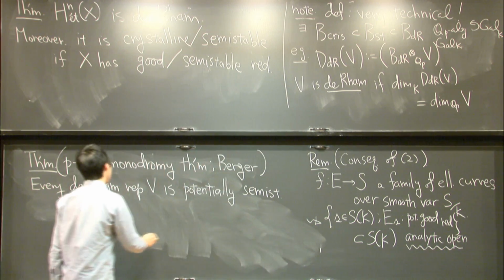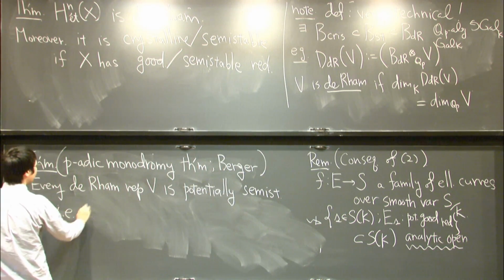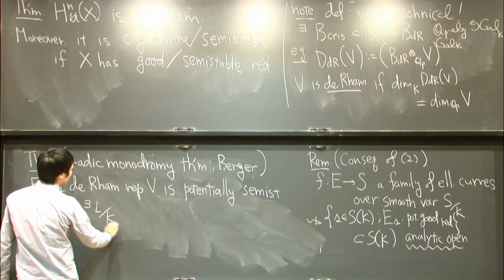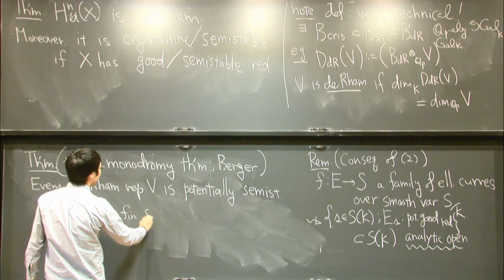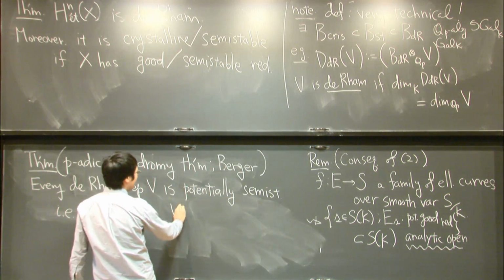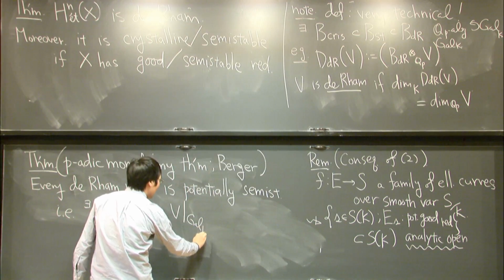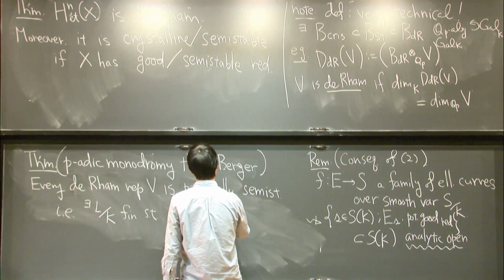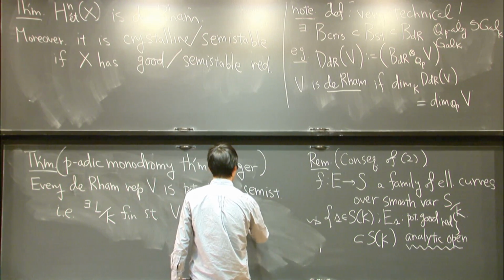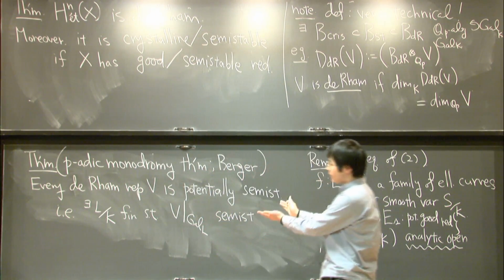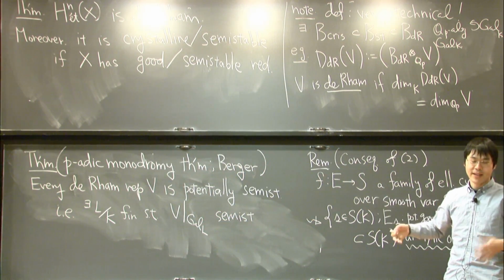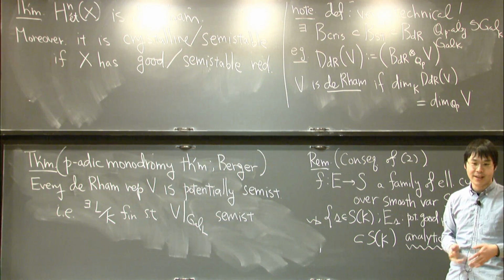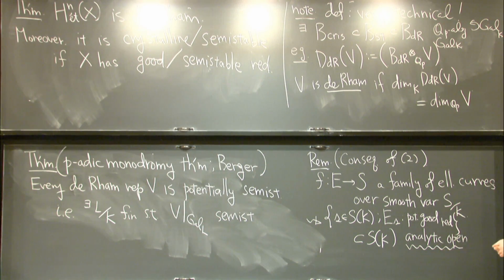By which I mean there exists a finite extension L such that this representation, regarded as a Galois representation of L, is semistable. And in some sense, this theorem gives p-adic Hodge theoretic evidence that the semistable reduction conjecture is reasonable.